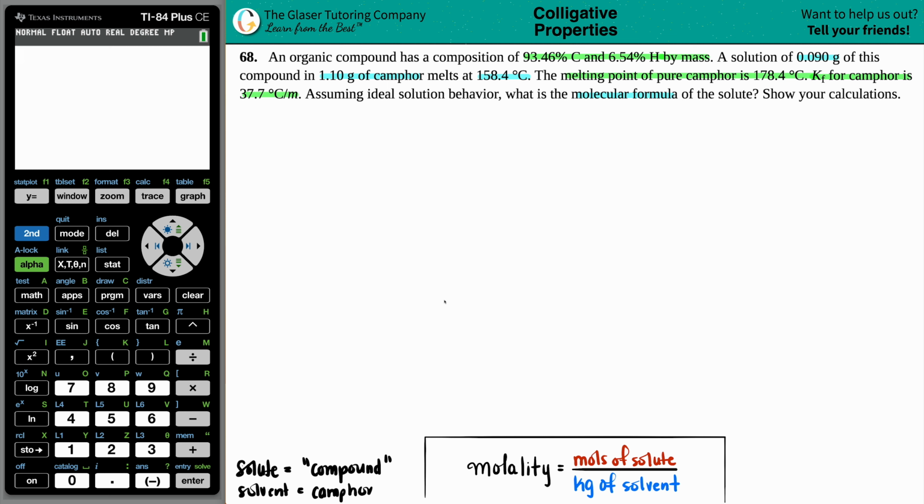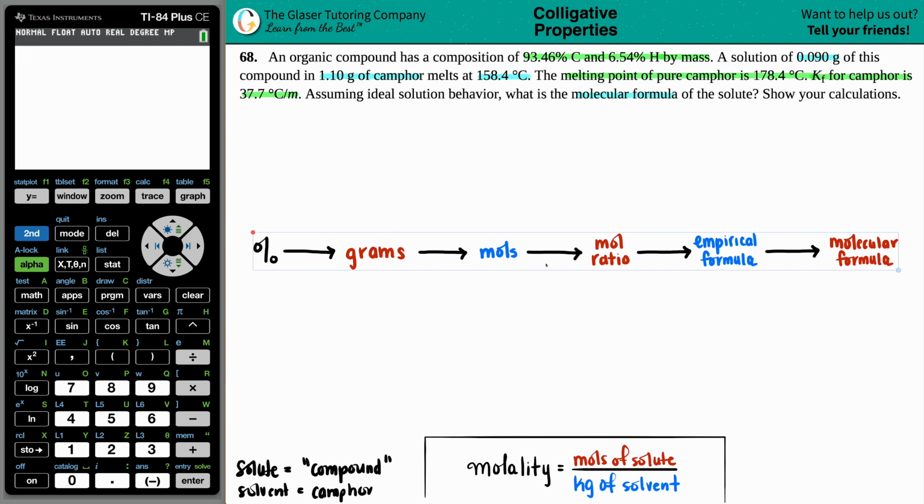But anyway, now they're asking for a molecular formula, and the first thing they give me is percentages by mass. If we pretend the next couple of sentences don't exist, and they give us a percent by mass and want us to find the molecular formula, I know a roadmap that can lead me from percentages to molecular formulas. It's pretty long, but I know it, and it's this right here.